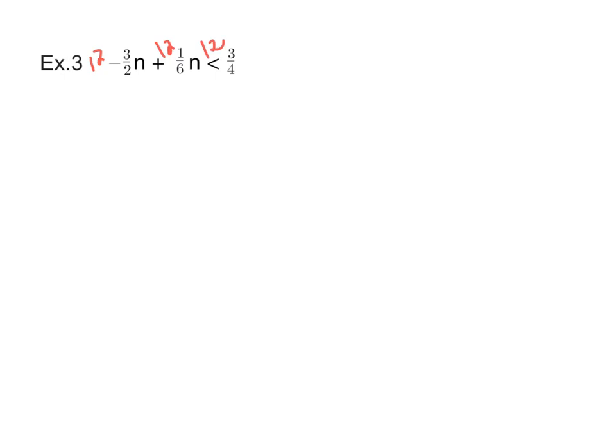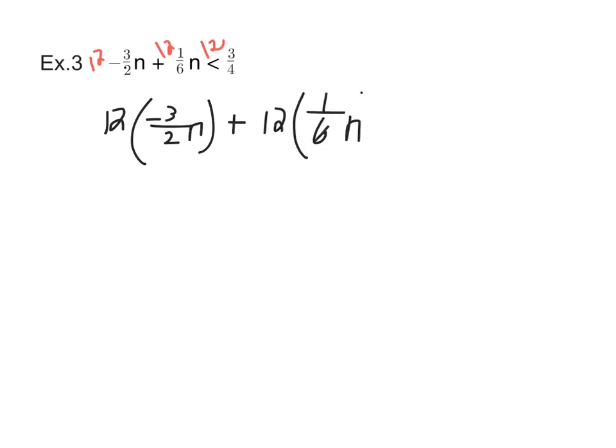Now, since this is small, I'm going to recopy this just so we can work with it a little easier. That 12 now allows you to go back in and reduce.